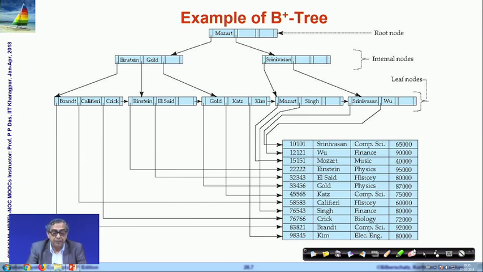The number of links is between n by 2 and n. Here n is 4, so you have at least 2 entries and up to a maximum of 4 entries.